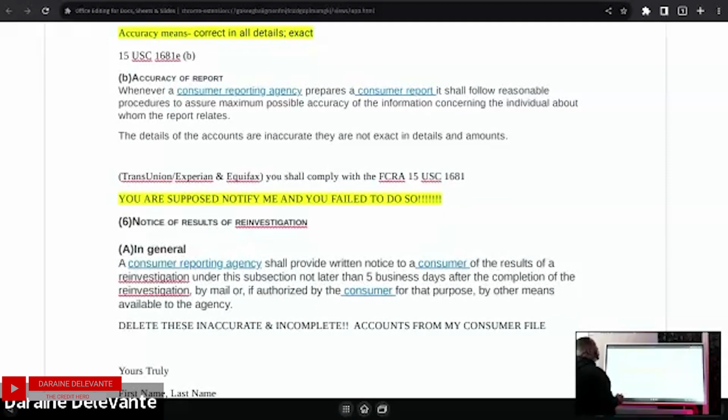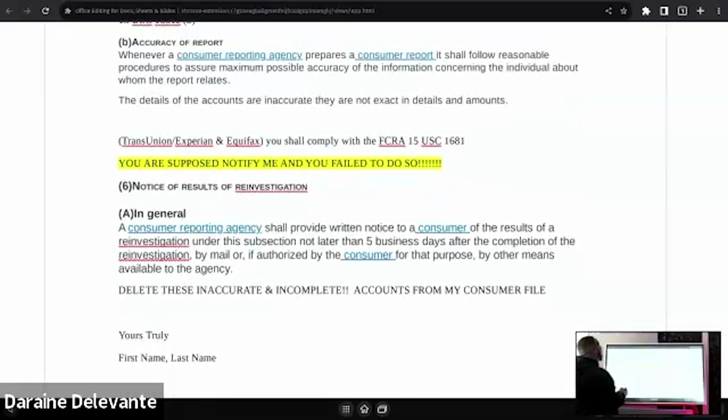Whenever a consumer reporting agency prepares a consumer report, it shall follow reasonable procedures to assure maximum possible accuracy of the information concerning the individual about whom the report relates. The details of the account are inaccurate. They are not exact in details and amounts.